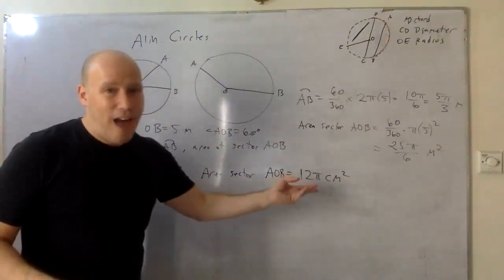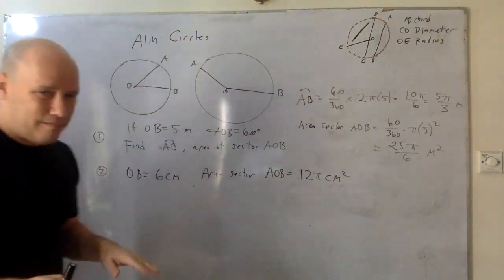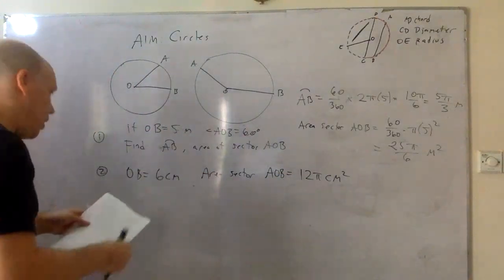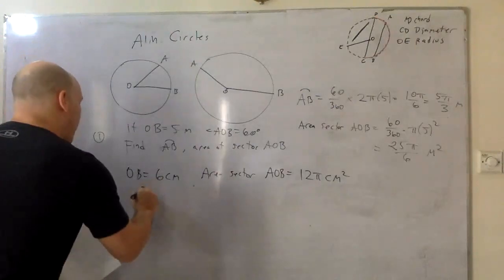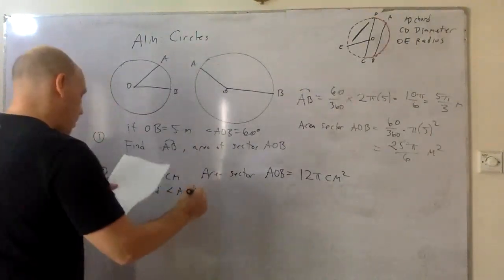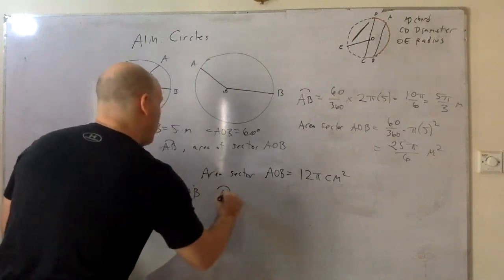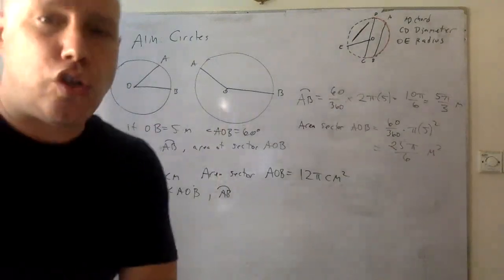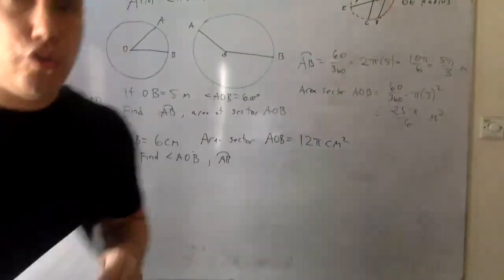I'm being nice. I don't have to be so nice, but don't worry about that. The idea here is you work backwards from the formula. I might say find angle AOB and arc AB. That's no big deal. It's just algebra. You're just working backwards.